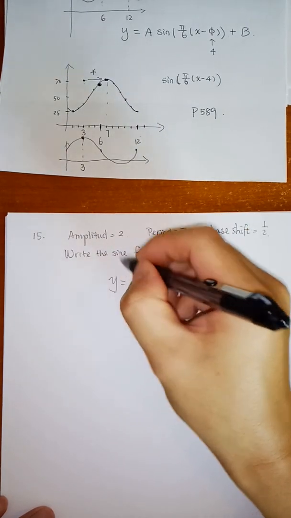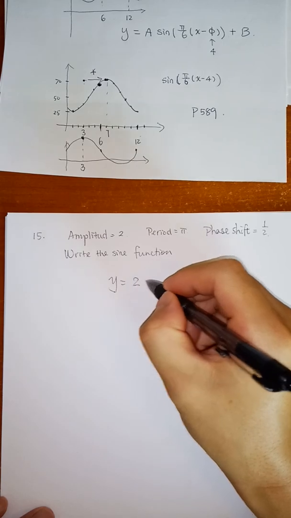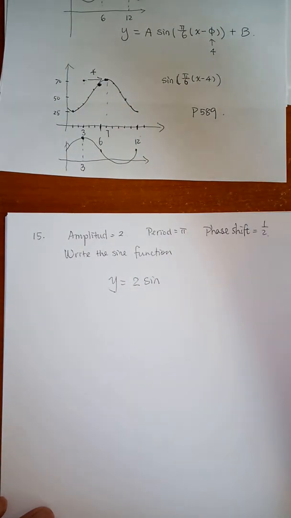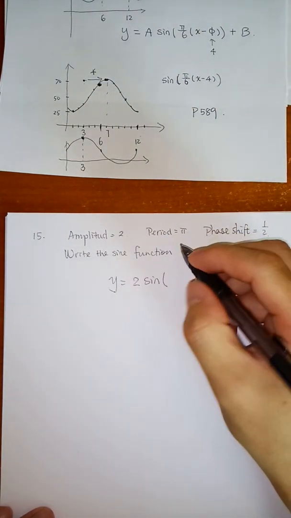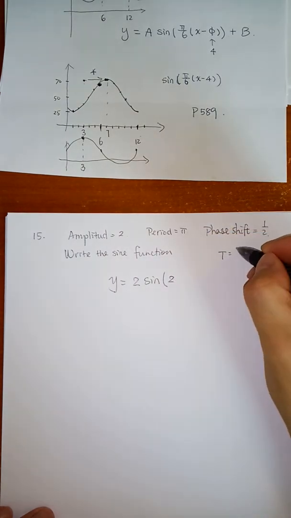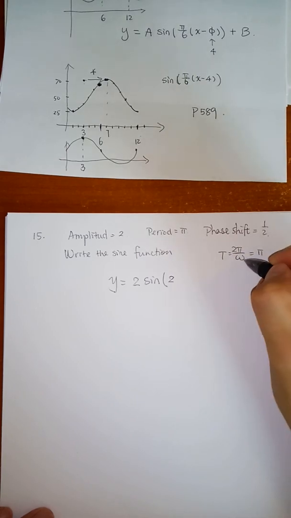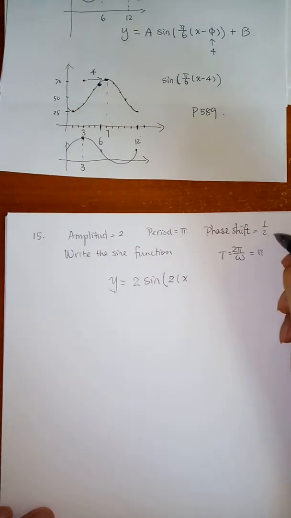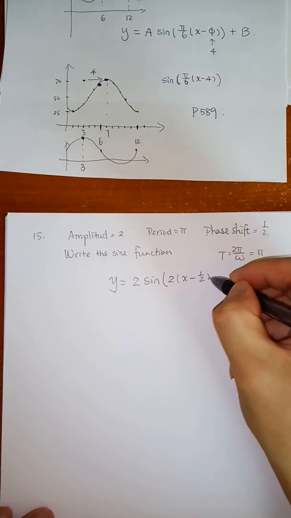The sine function is going to be: amplitude is 2, sine, period is pi. Period is 2 pi over omega. It is equal to pi, so omega is 2. Phase shift is 1/2, x minus 1/2.